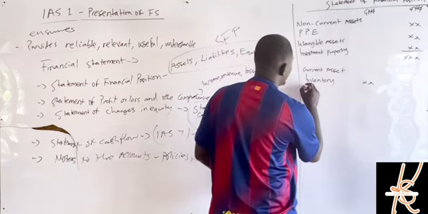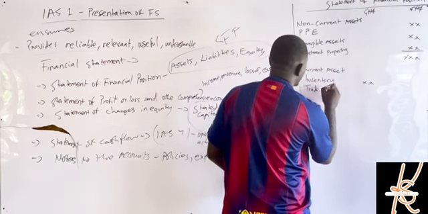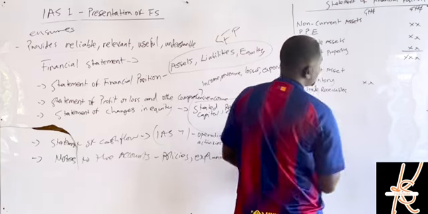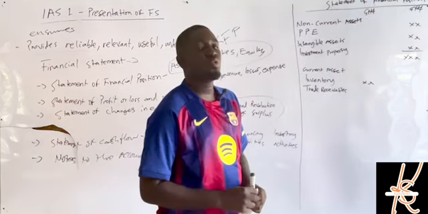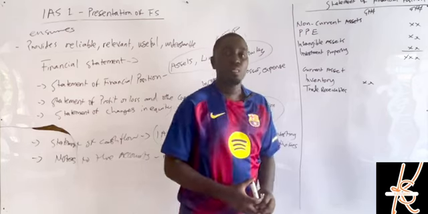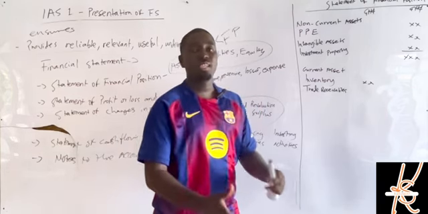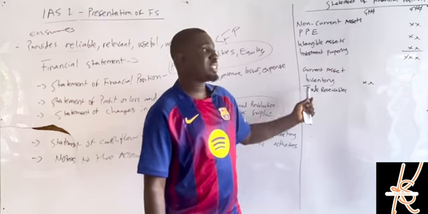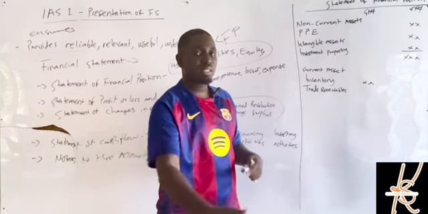And then we have trade receivables. Trade receivables are those who are owing the company. You supply goods to them, and they are to pay you. They are your trade receivables. They are owing the company, and those people will settle within the 12 months period.